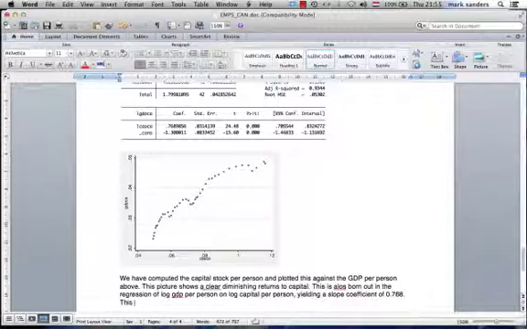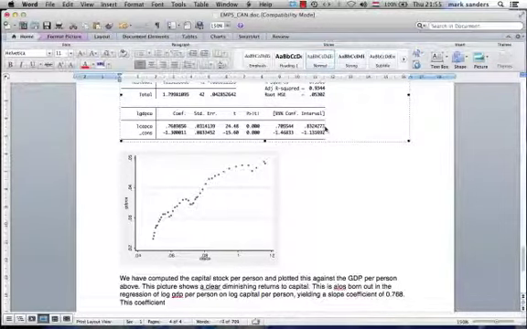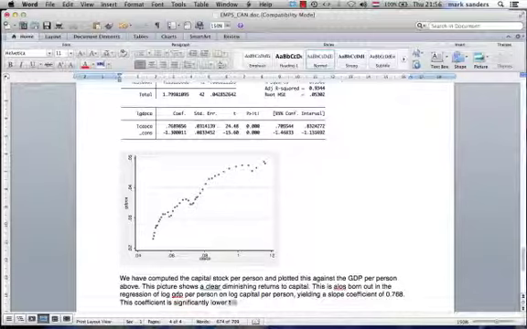This coefficient, I'm going to again teach you something I'm not really expecting, but what you can see here in this regression output in the confidence interval is that in 95% of the cases, 1 is not included, which means that this coefficient is estimated to be statistically significantly lower than 1.